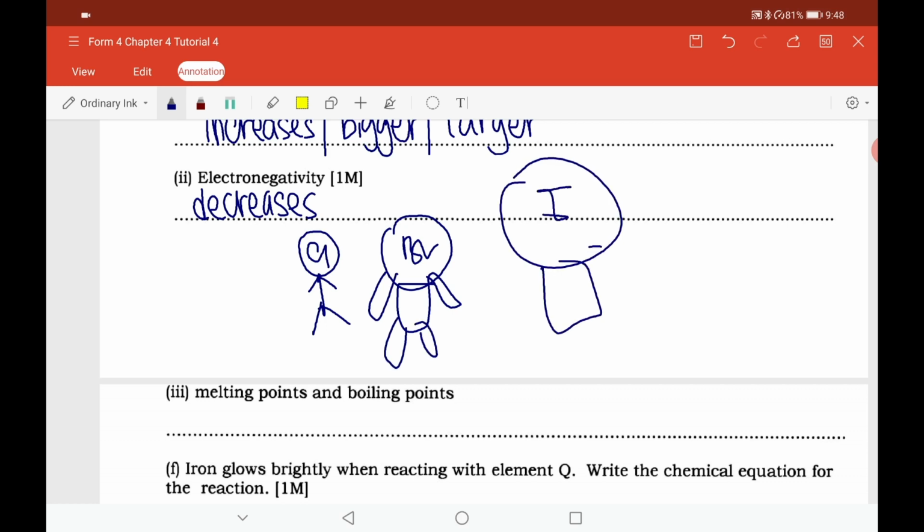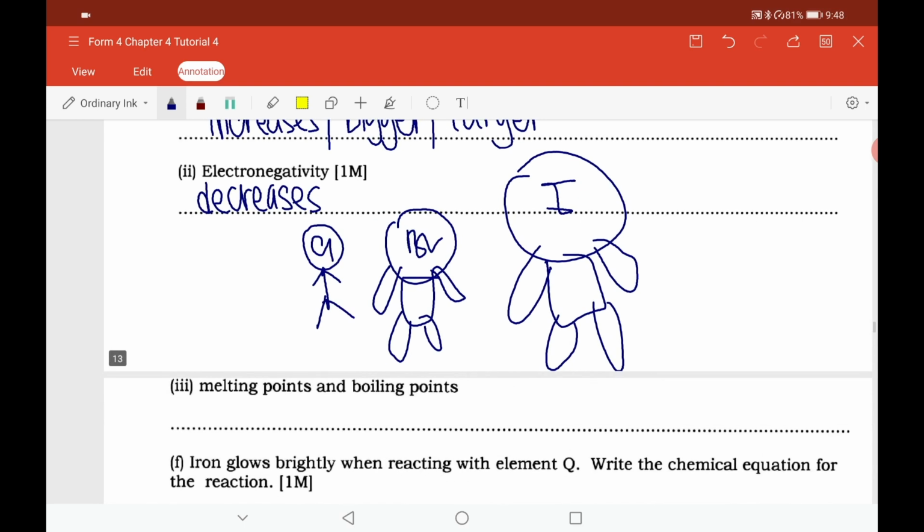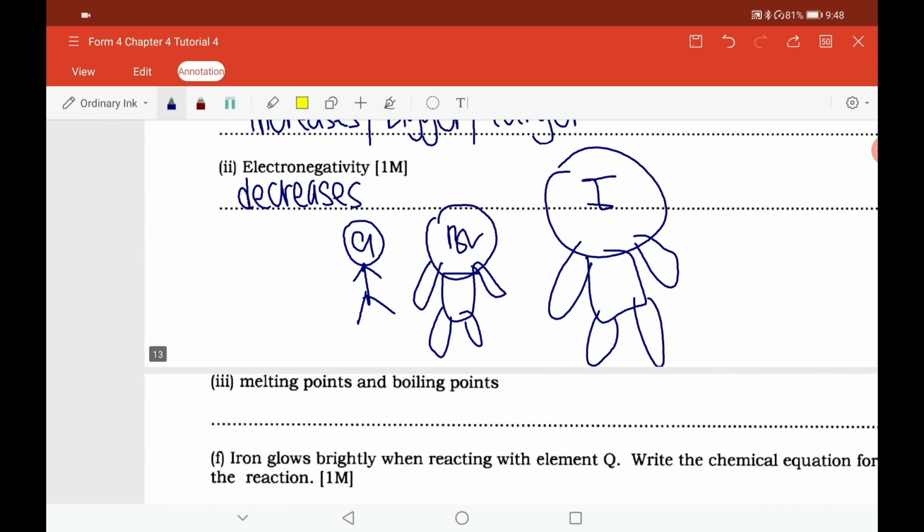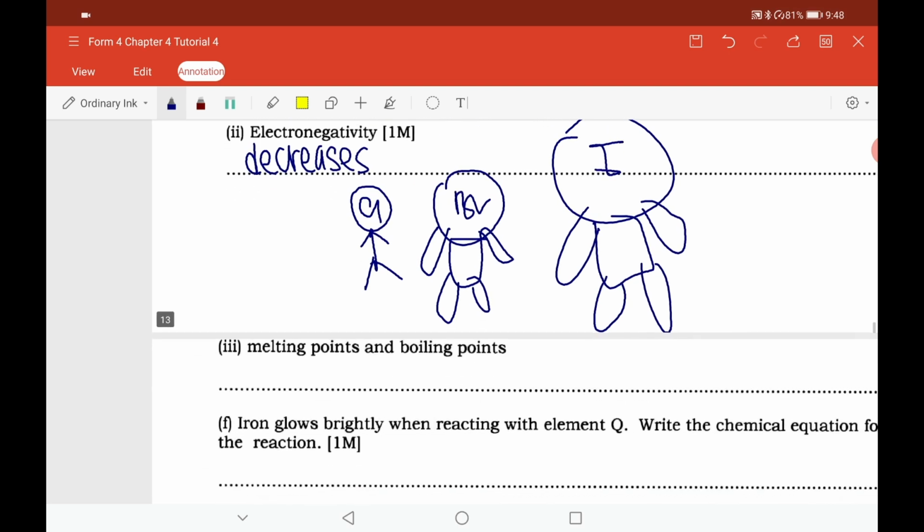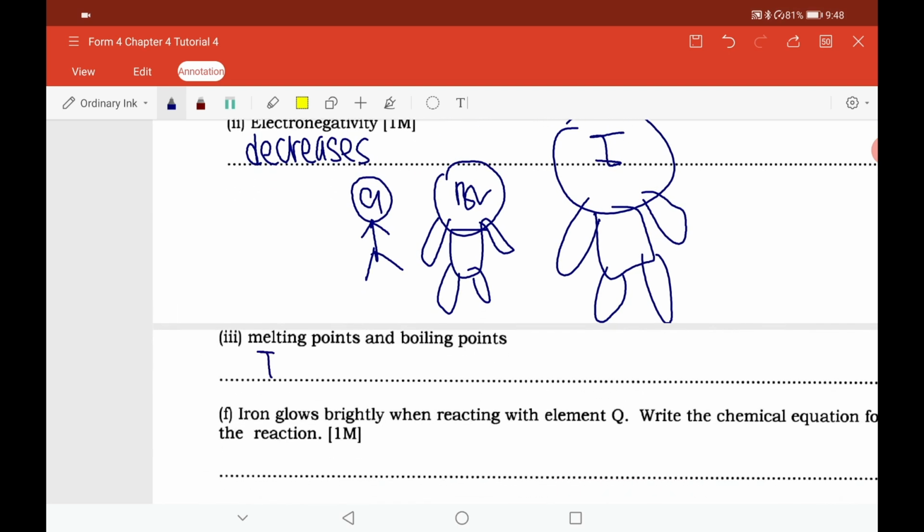The size will become larger and larger. So the van der Waals force will become stronger. When van der Waals force becomes stronger, we need more and more heat to break it. So the melting point and boiling point will increase.